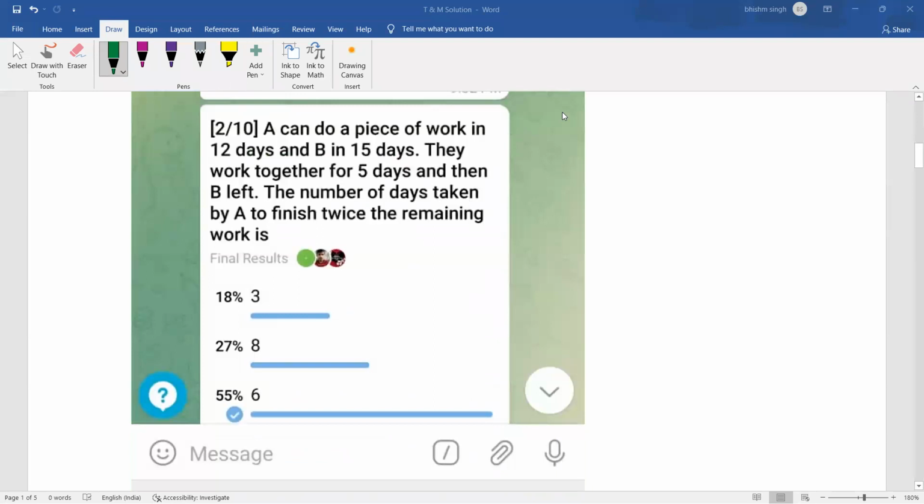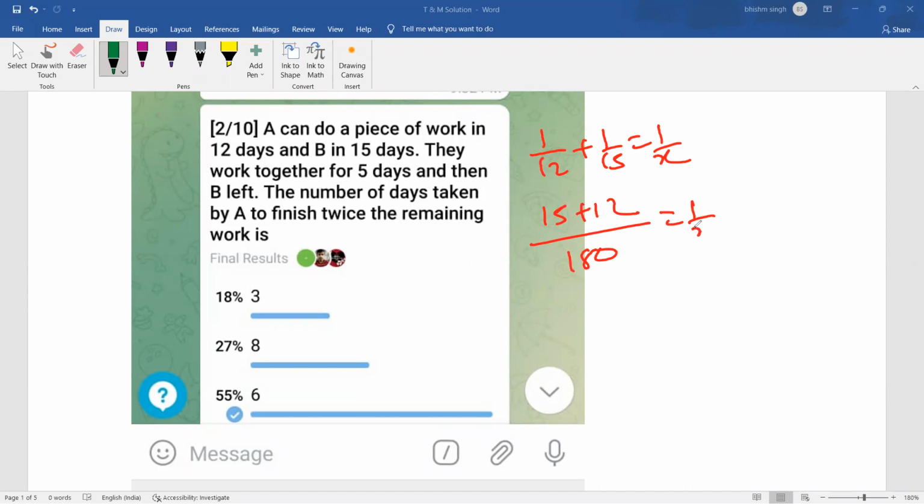See everyone, second question. A can do a piece of work in 12 days, and B in 15 days. So 1 by 12 plus 1 by 15 is equal to 1 by x. The LCM is 180, so 15 plus 12, that is 27 divided by 180 equal to 1 by x. 9 3s are 27, and this is 20.